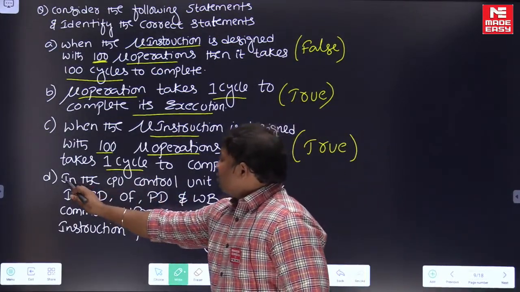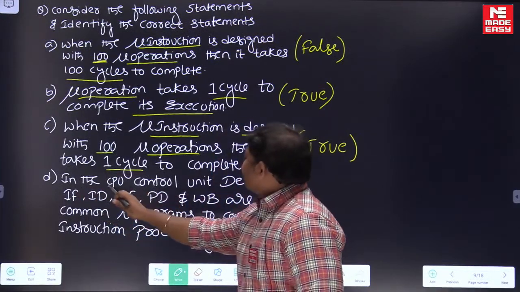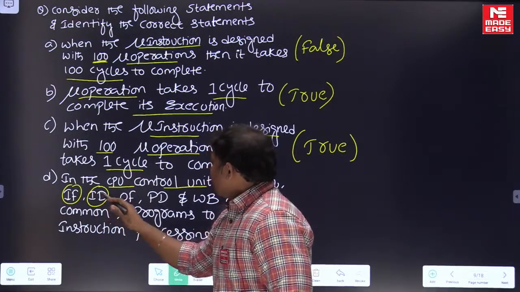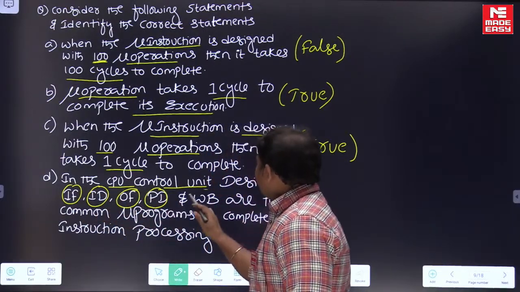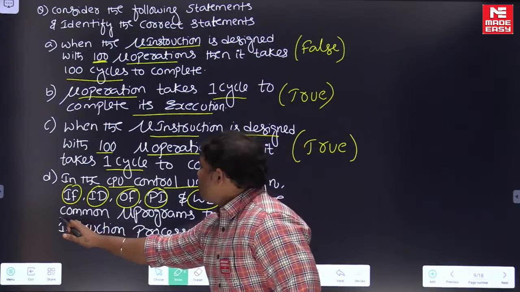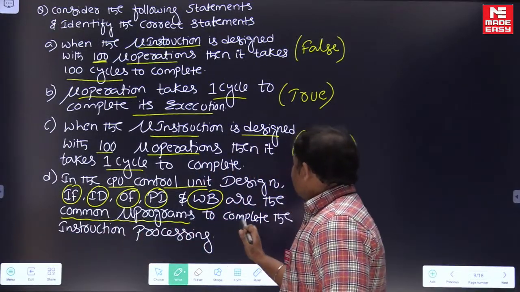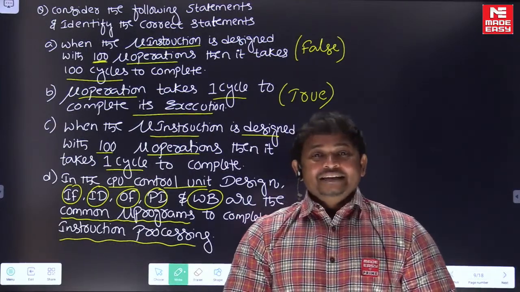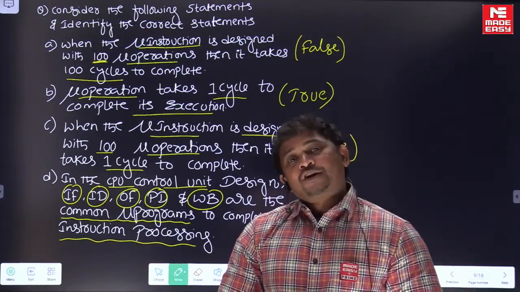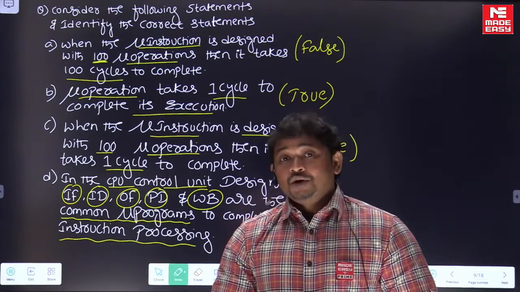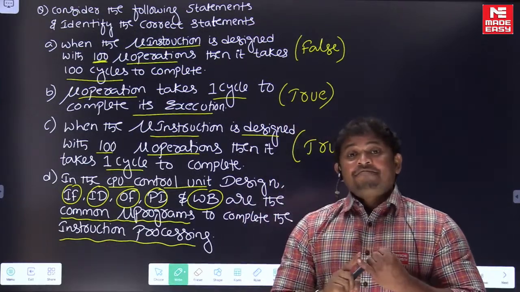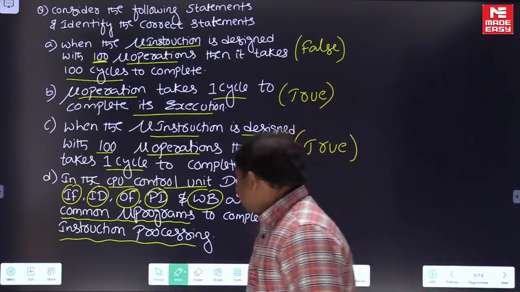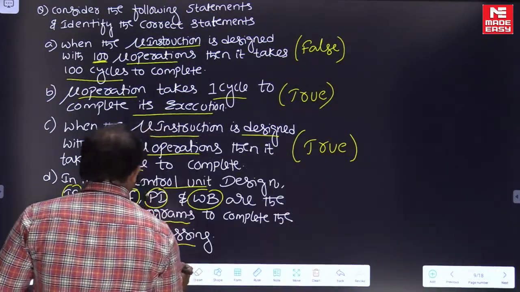Next, in the CPU control unit design, IF, ID, OF, PD, WB are the common micro programs to complete the instruction processing. You tell me, are all of them common micro programs for all the instructions? No. IF is common, ID is common, OF is common, WB is common, but PD will vary.